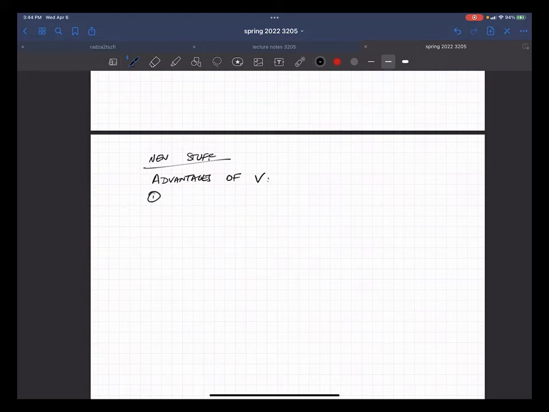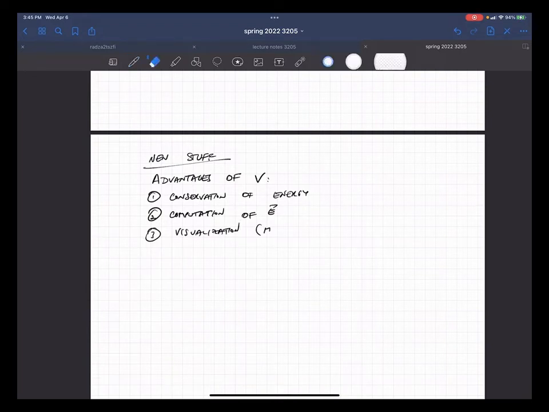The first one is conservation of energy. We did all that work showing that it was a conservative force, and so we could use conservation of energy. Then the computation of the electric field. And the third one is visualization, say potential maps, I'll call it.